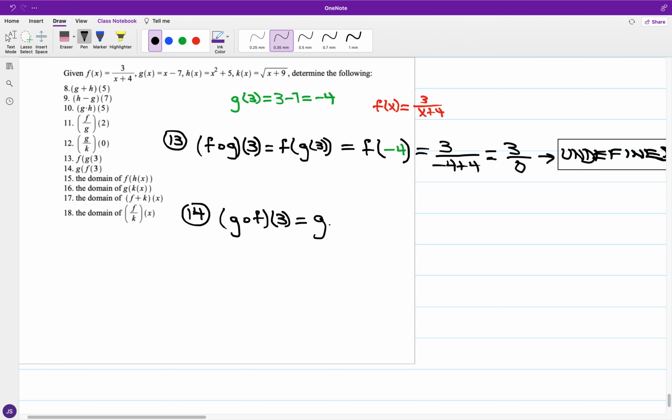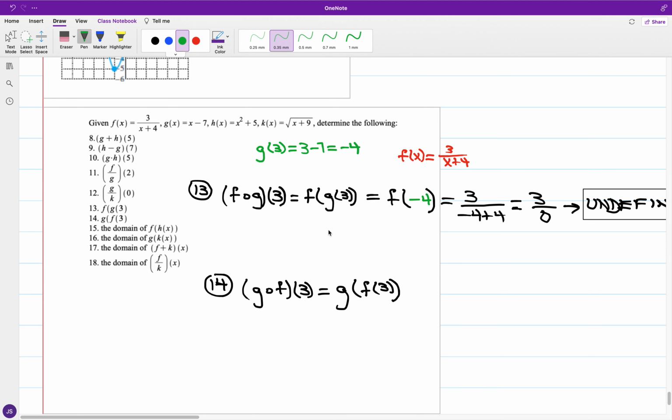Again we have g of f of 3. Identifying specifically what f of 3 is: we have f of x equals 3 over x plus 4. Now for f of 3, we have 3 all over 3 plus 4, so that is going to be 3/7.